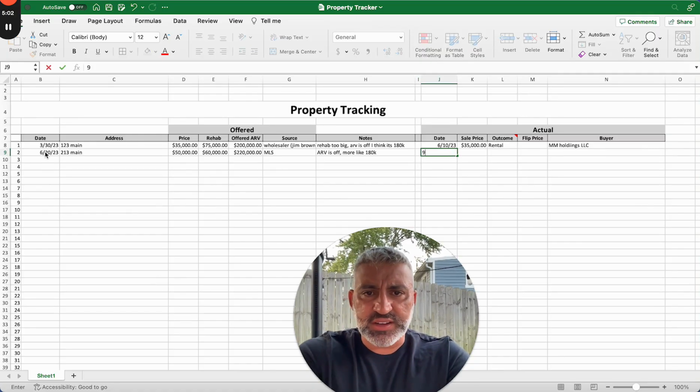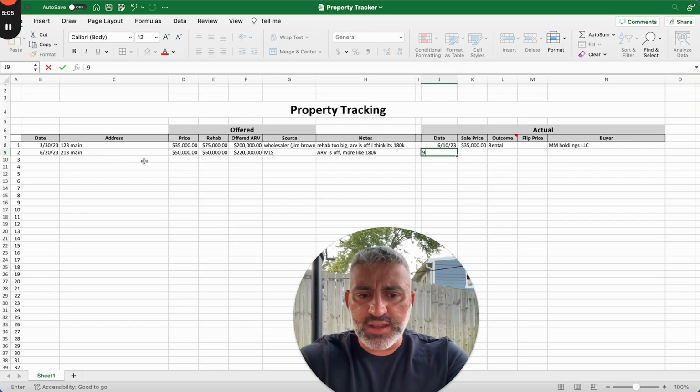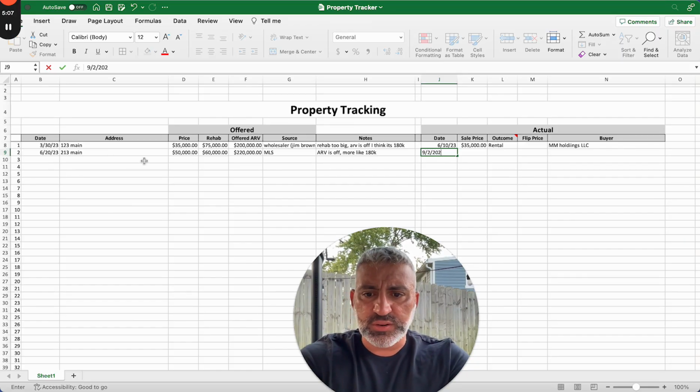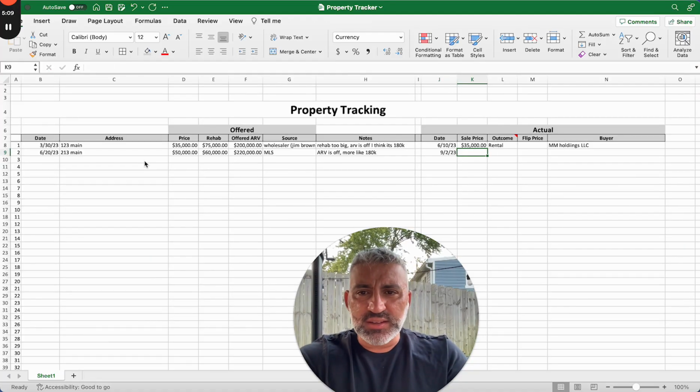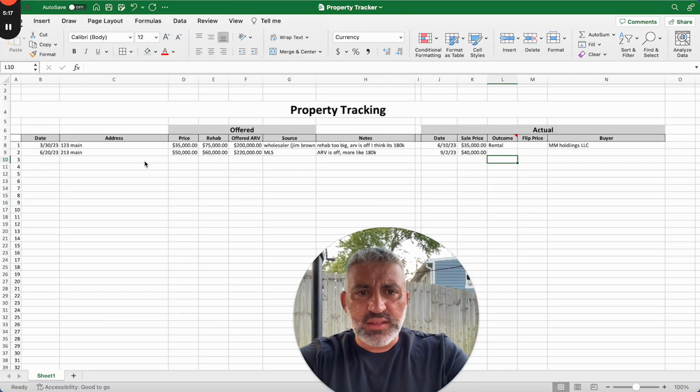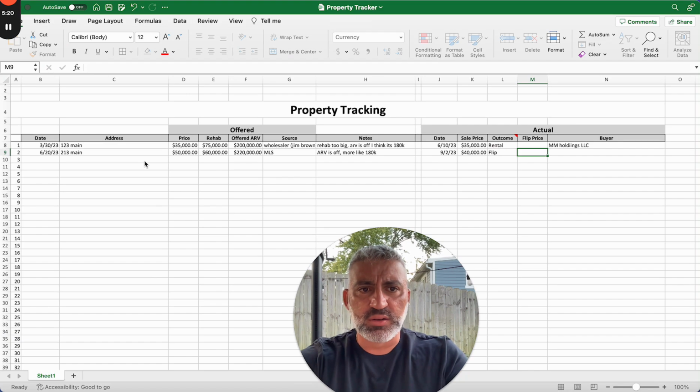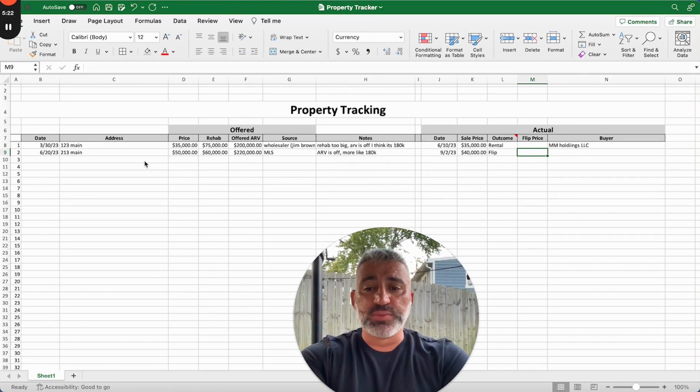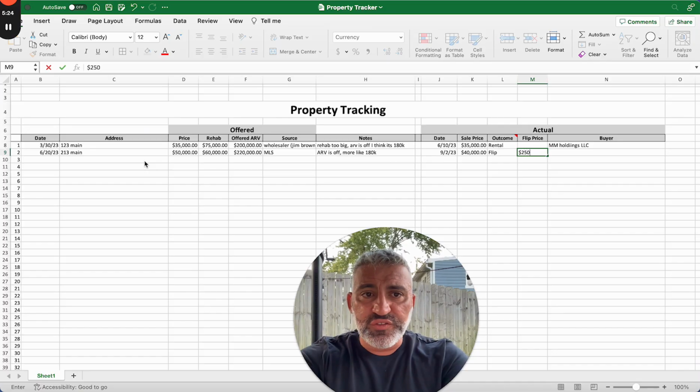You're like, oh, I'm going to check out what's going on with 213 Main. Well, crap, 9/2/2023. They ended up dropping this for, I think, $40,000. Wow, because I see the data. It's on the auditor site. It's not a secret. And they flipped it.